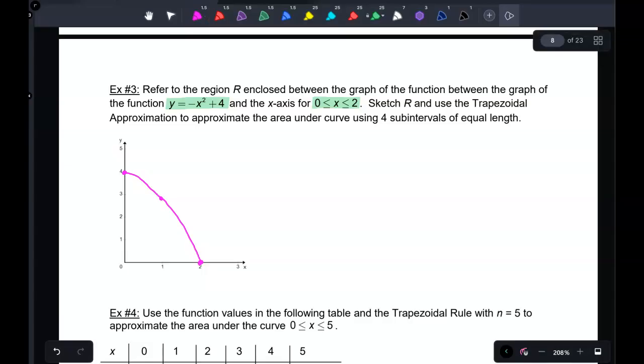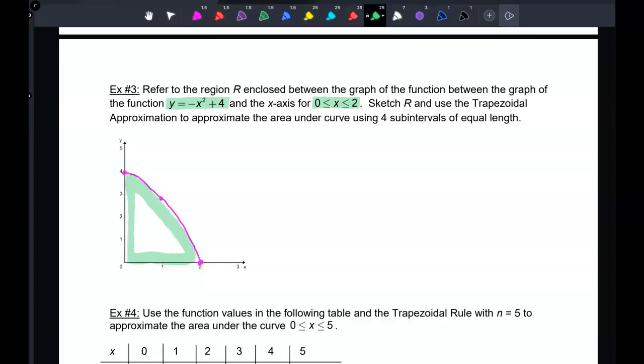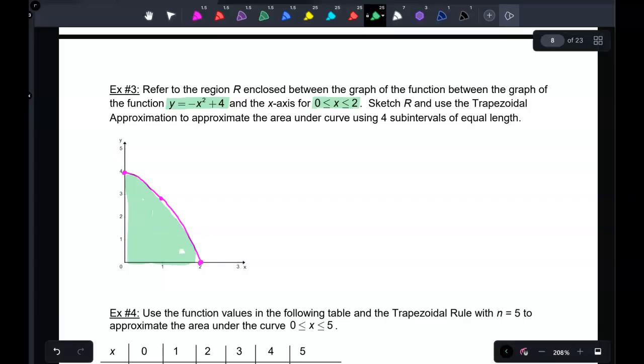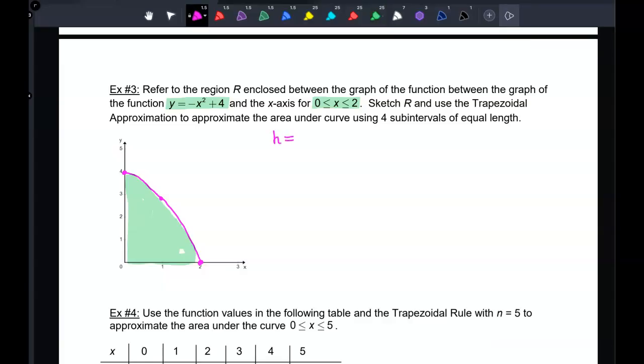If I plug in 1, I get 3. Now, I don't see how to make a trapezoid. No, it's a triangle. Okay, my height is going to be what?